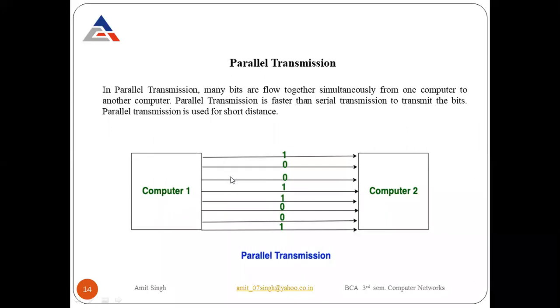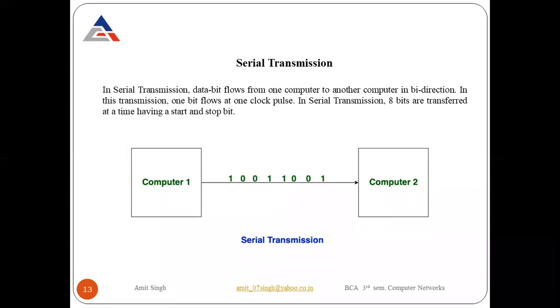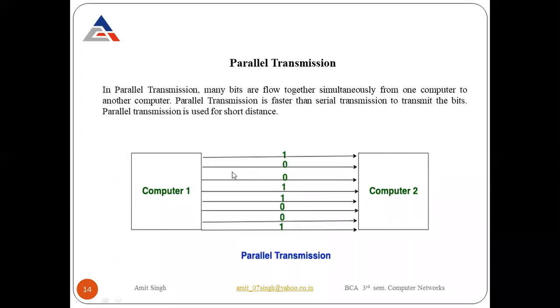Parallel means the number of bits can be sent simultaneously from a single system to another system. The bits are the same as used in the serial transmission, 1 0 0 1 1 0 0 1, but the difference is that in parallel transmission, all 8 bits, 1 2 3 4 5 6 7 8, are sent simultaneously at the same time. This is called the parallel transmission.